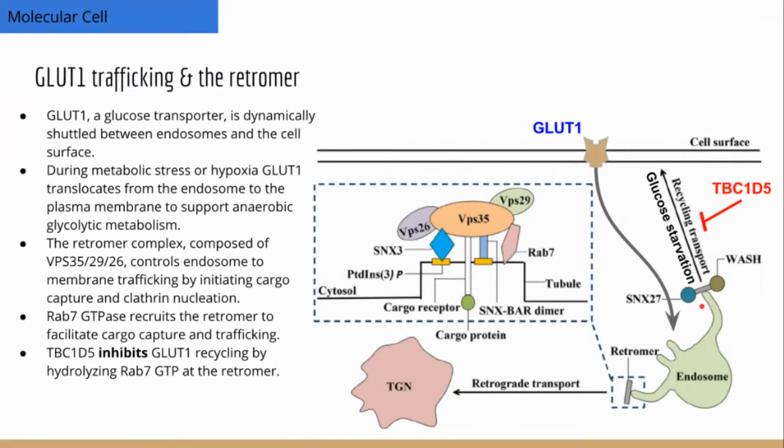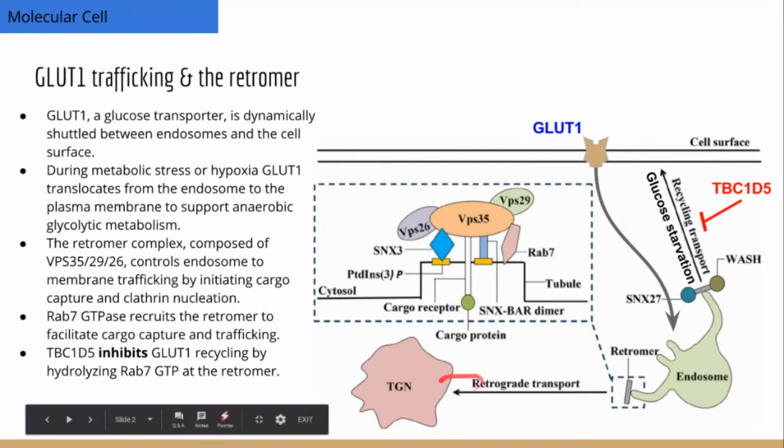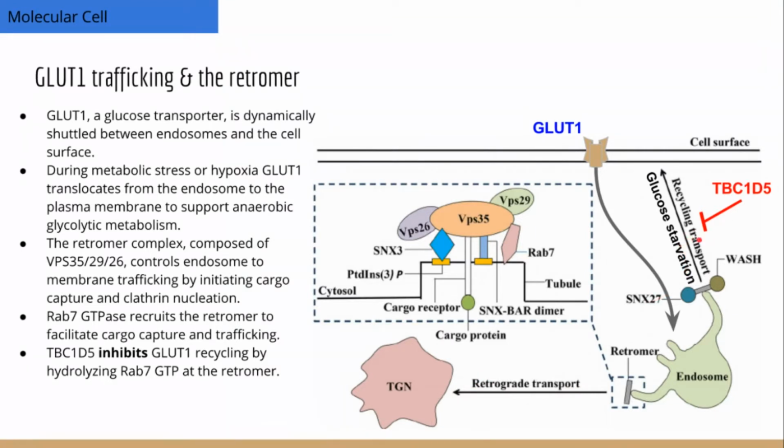It gets everybody together so it can head off to the plasma membrane or the trans-Golgi network. So one of the proteins the retromer interacts with and prepares for transport is GLUT1, the glucose transporter. So the retromer coordinates GLUT1 exocytosis from the endosome and moves it towards a membrane. But one big question is, how does the retromer get to the endosome and get activated itself?